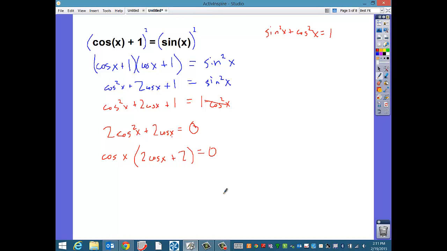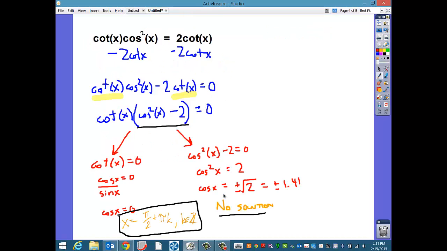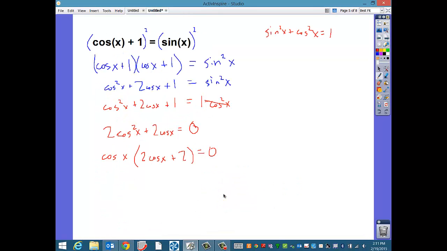This product equals 0. Now we can do the same thing that we did right here. We had a product that was equal to 0. We split it into 2. We solved. Same thing, right? Zero product property. Cosine is 0, or 2 cosine plus 2 is 0.